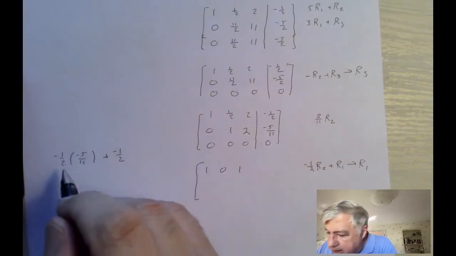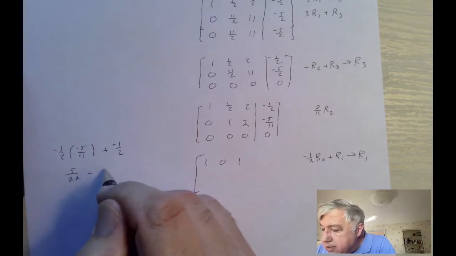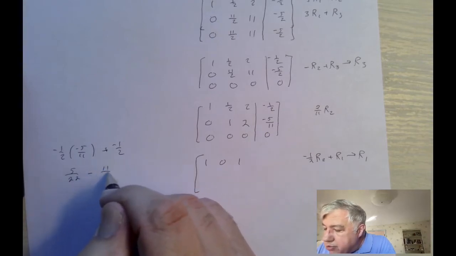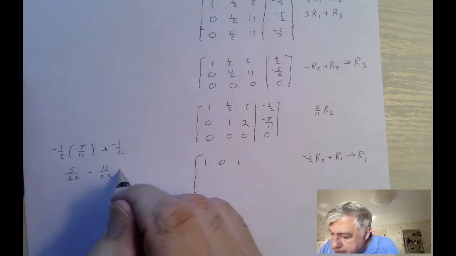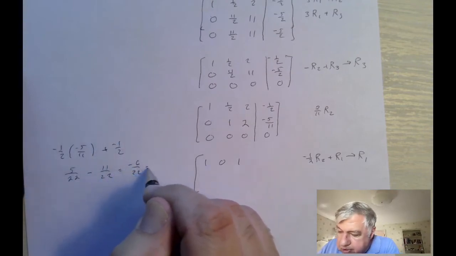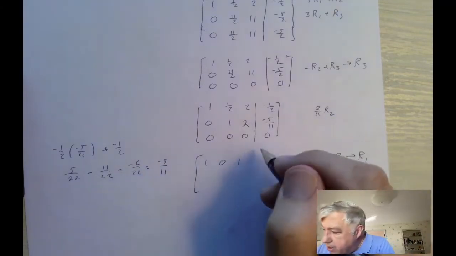You get a common denominator. This is going to be 5/22 minus 11/22. So this will be negative 6 over 22, which reduces to negative 3/11. So that's how we get this.